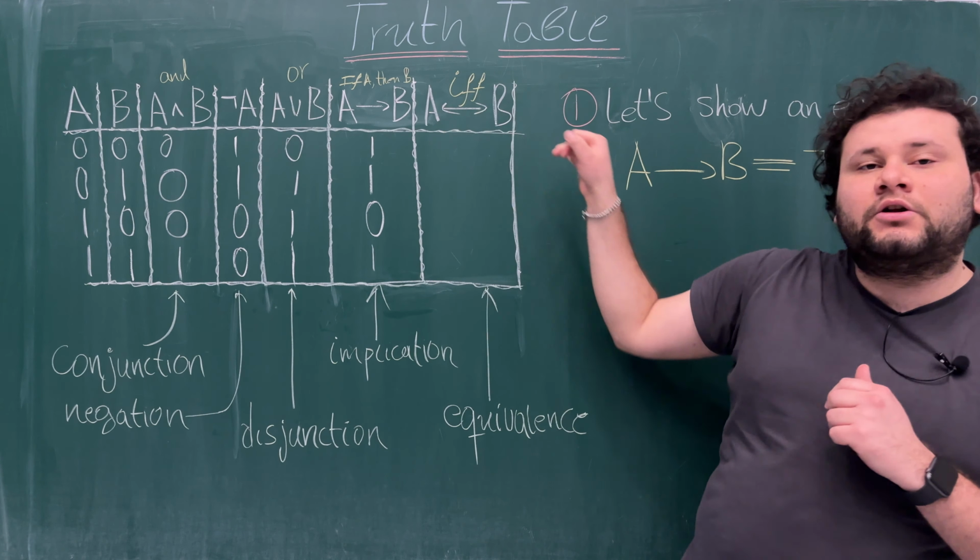To do that, we can construct a truth table for these statements. We know that these two statements are equivalent when the results for all the possible combinations of A and B are the same in this statement and in this one. We are going to see that. Look, we need to create this table, A, B.